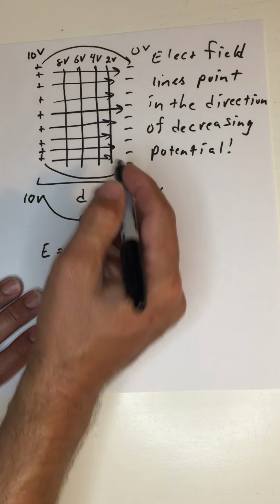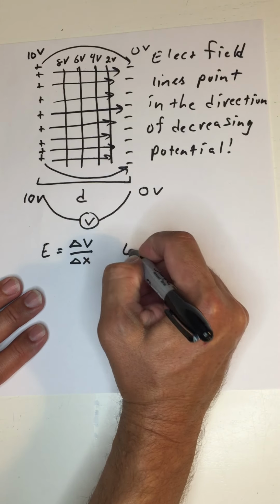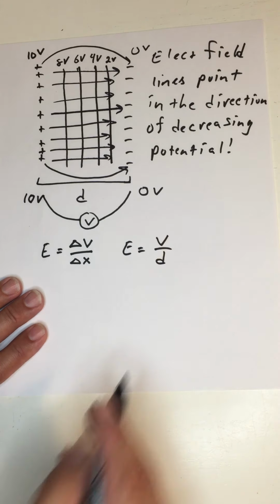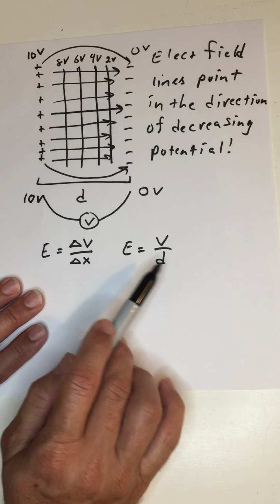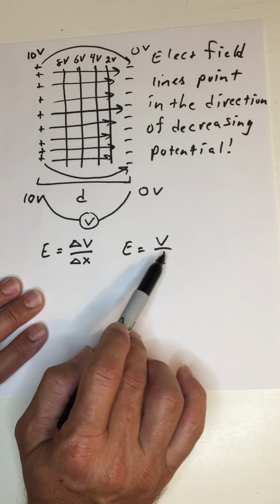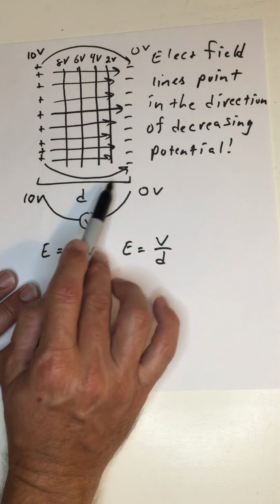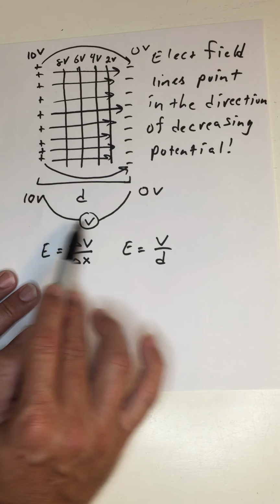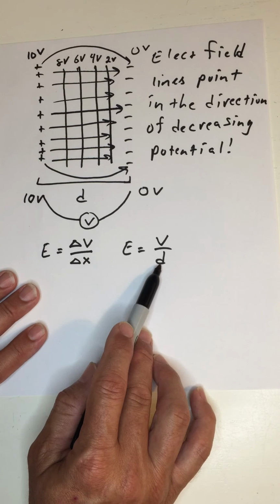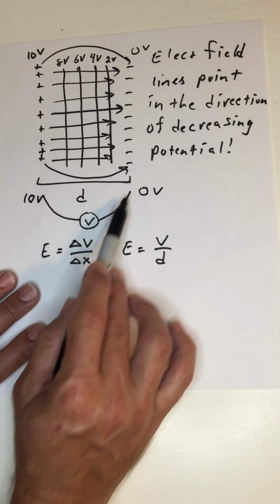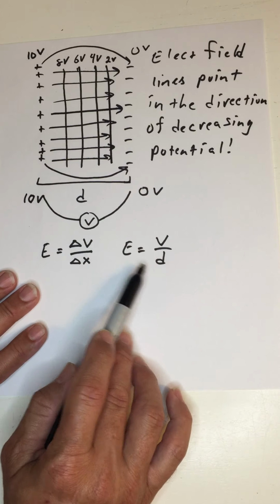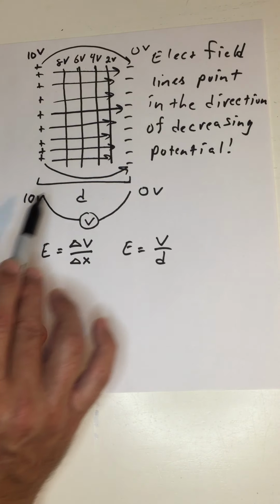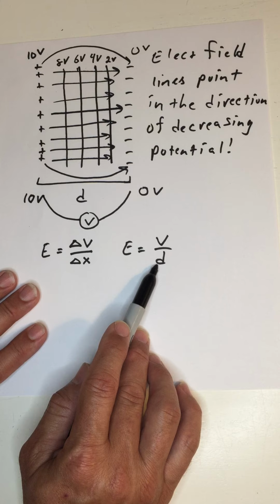And in this particular case, I can make that even simpler, V over D, where I can leave off the deltas as long as I understand that this is distance D, and I'm measuring this voltage. Whatever distance goes here, I'm measuring the voltage between these points. So in this case, I've called this whole distance D. So I measure the point from here to here, and I get 10 volts over however many meters that is.